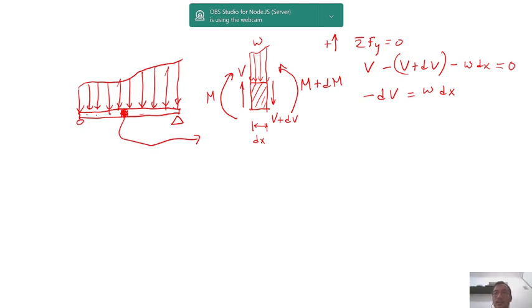So this is the first relation, the first relation between the distributed force W and the internal shear force.